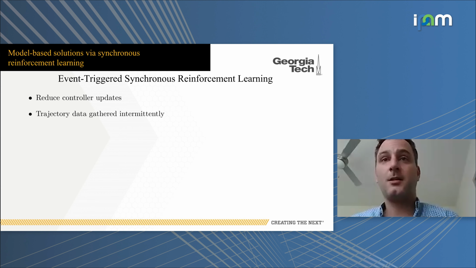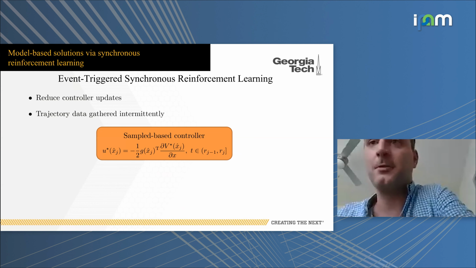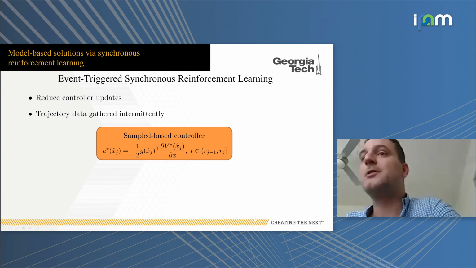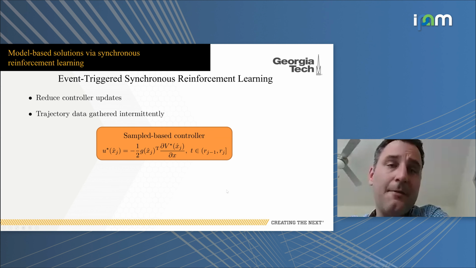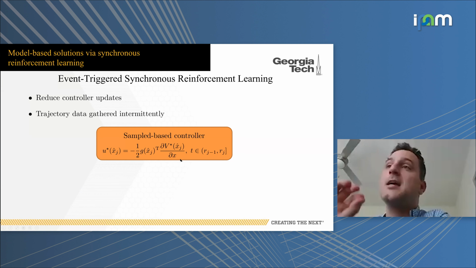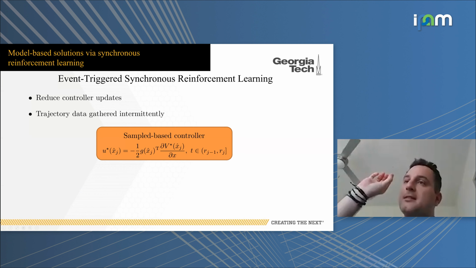This is the sampled controller that I told you about, so you see that between two time instants, this is the classical optimal control that comes from minimizing the Hamiltonian. x_j is the point in my state trajectory at which I want to close the loop, and you determine the r_j's based on some conditions. These conditions have to do with when I'm going to become unstable, and when I'm going to really get far away from my optimal performance.